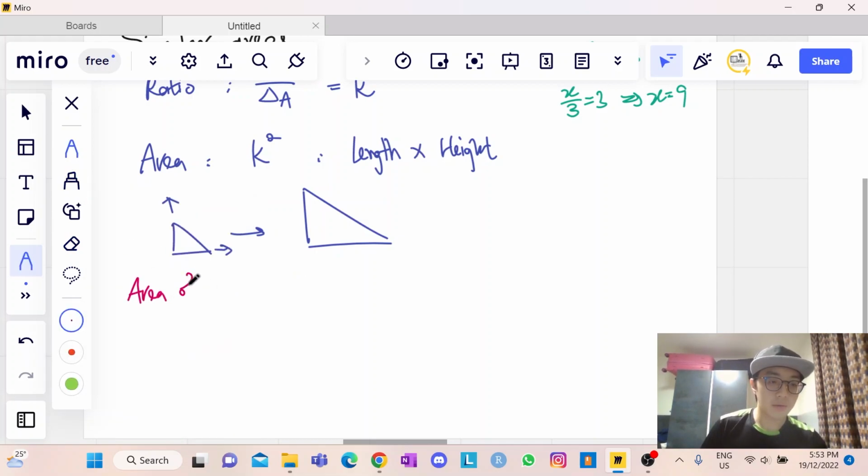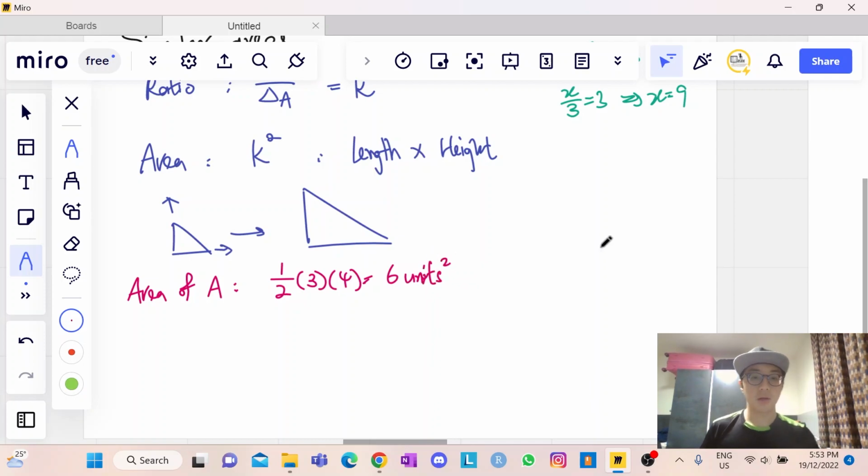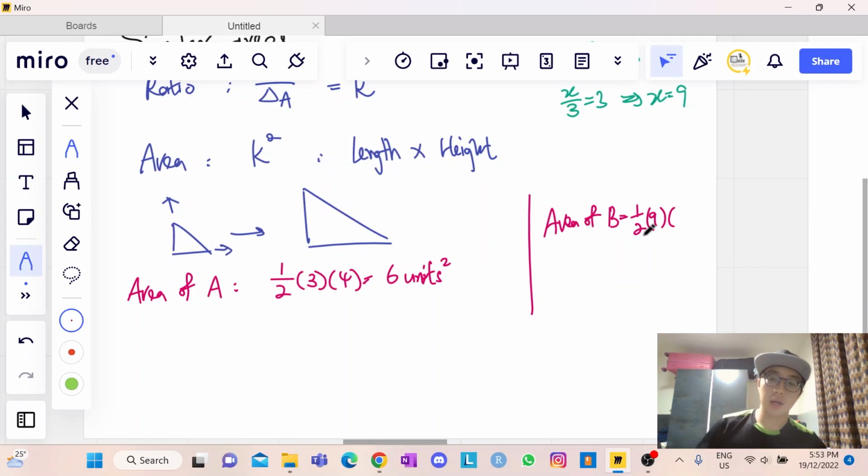Area of A is 1 over 2 times 3 multiplied with 4, which is equal to 6 units squared. Now you can simply know that the area of B is equal to 1 over 2 times 9 times 12, which is equal to 54 units squared.